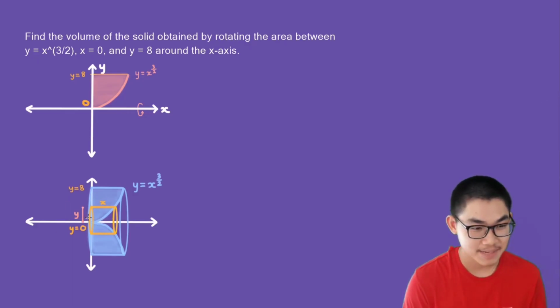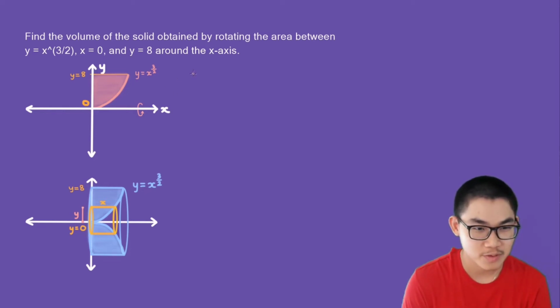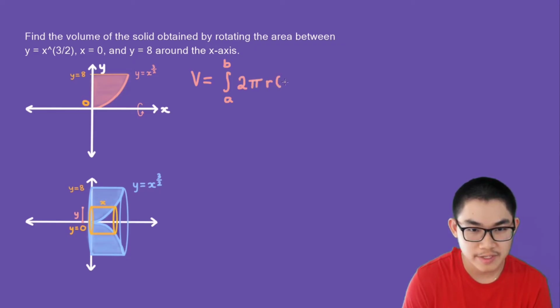In this case, the base of the shell is on the y-axis, so we're going to integrate with respect to y, and the volume formula will be the integral from a to b of 2 times pi times the radius. Since we're integrating with respect to y, it is r of y, and the height of the shell, which is f of y, and do not forget the dy.